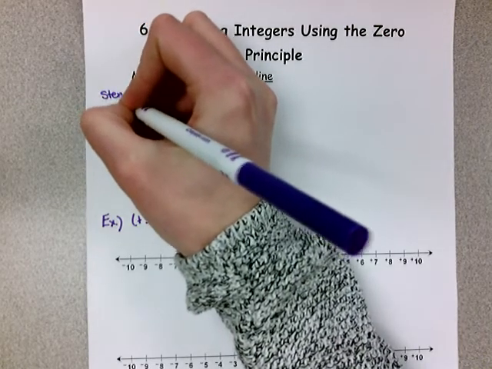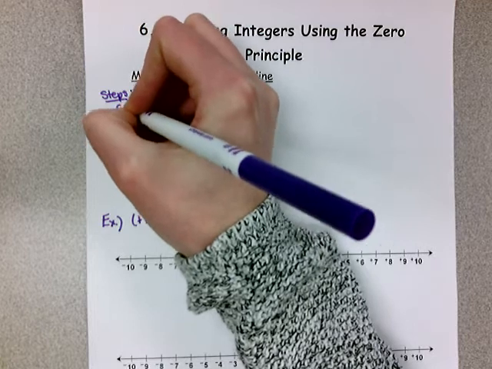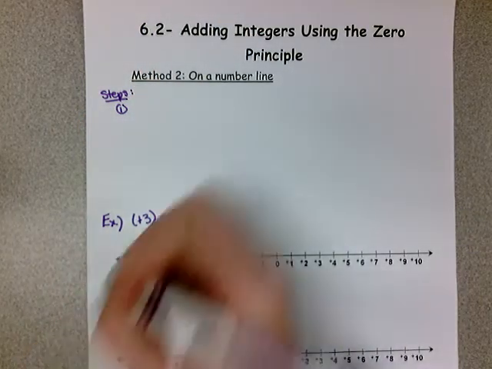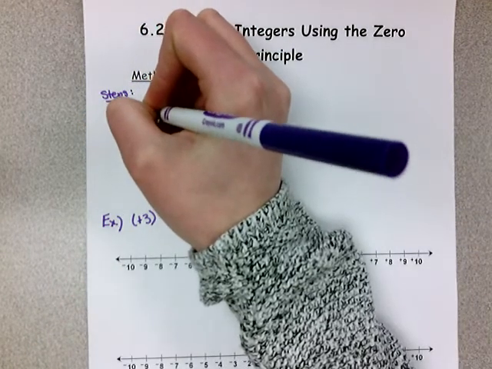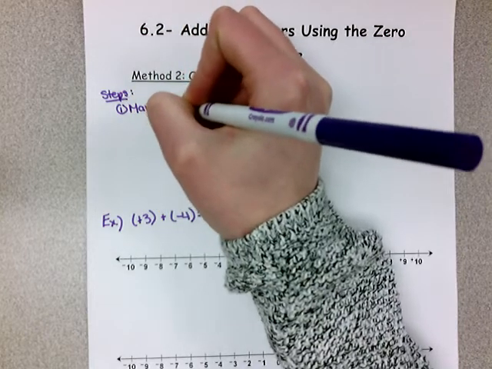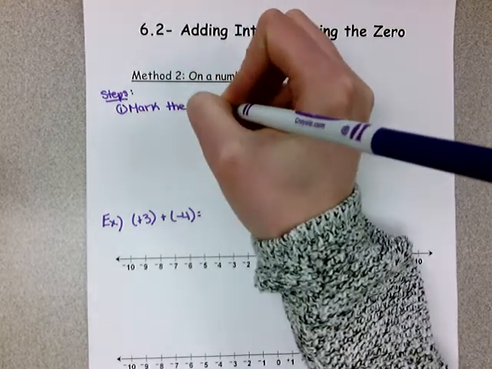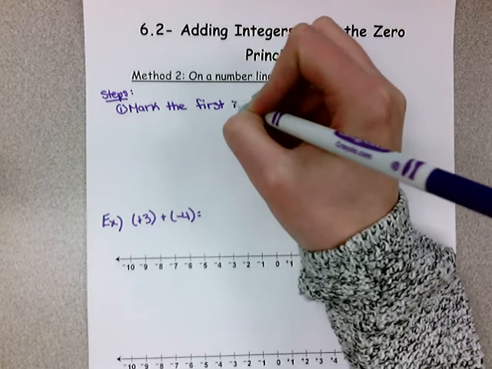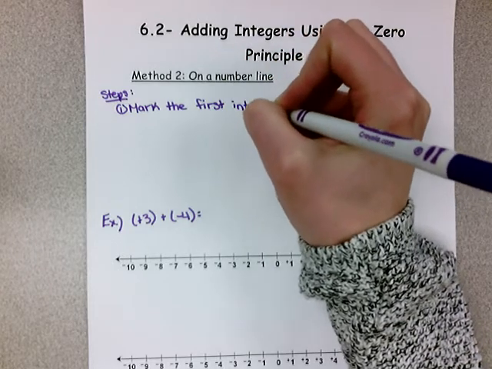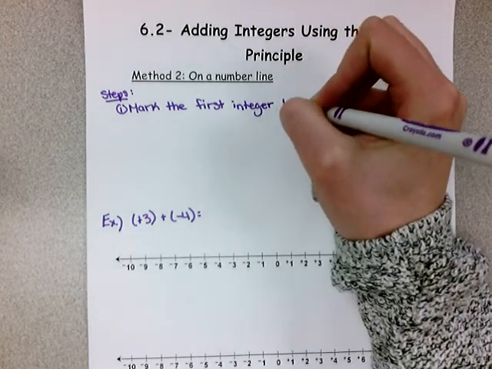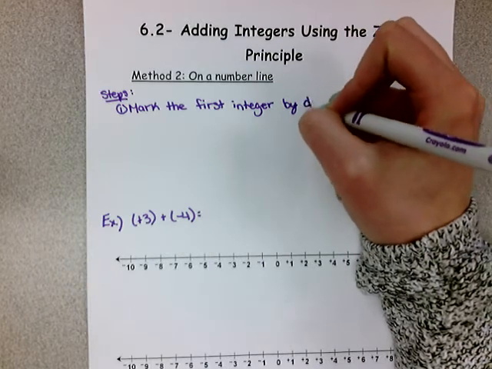So we'll just write the steps up here. Step 1 is mark the first integer by drawing an arrow from 0.